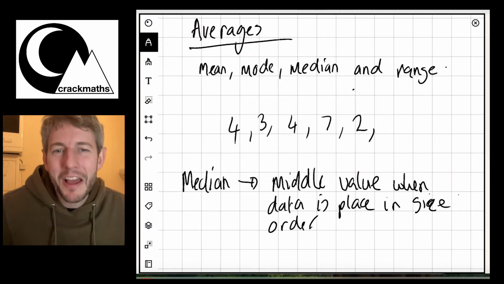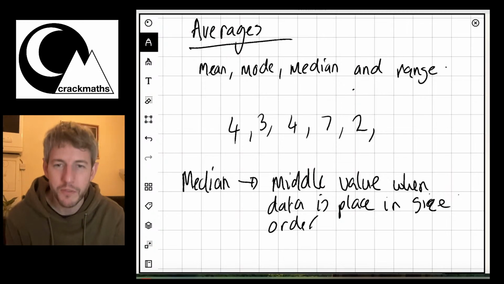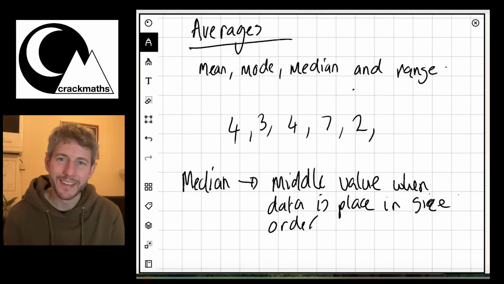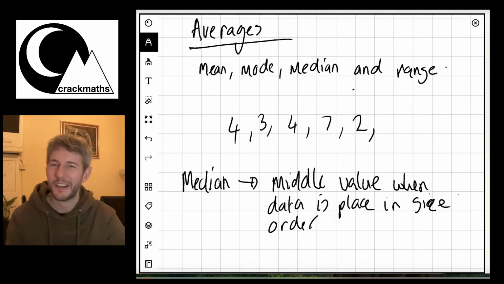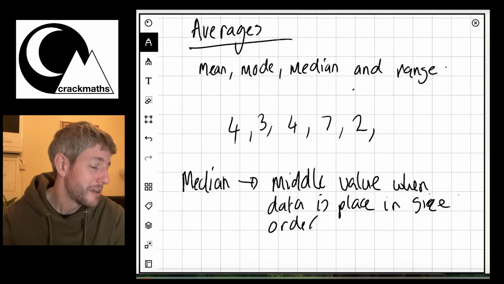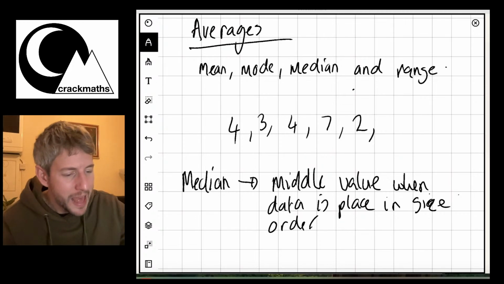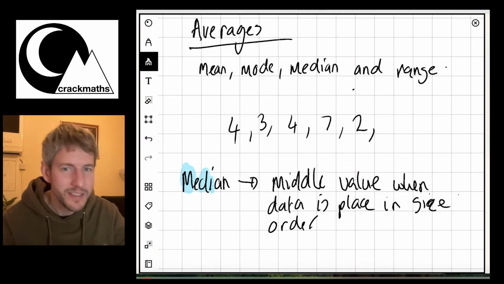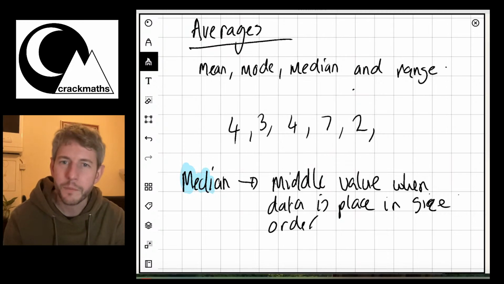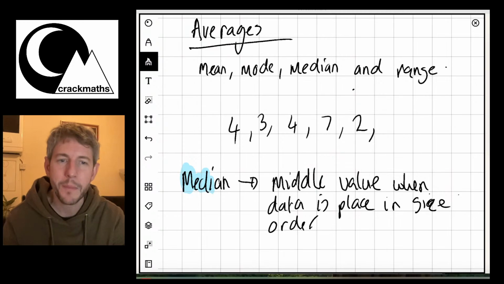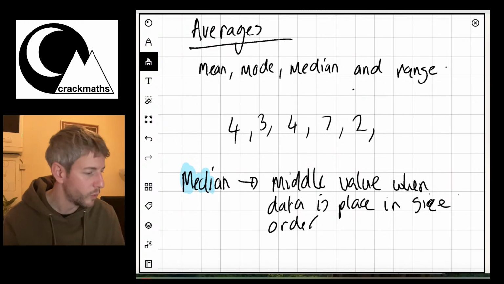It doesn't really have much going for it to help remind us of it, but you could think of the median as the middle, it's the middle value. I don't really know if that helps at all. Hopefully it does, but median, middle, it's got an M, an I, a D, a lot of the same letters. It's actually got an E, but it's in the wrong order. So the median is the middle value. Always remember that the median is the middle value when the data is placed in size order.